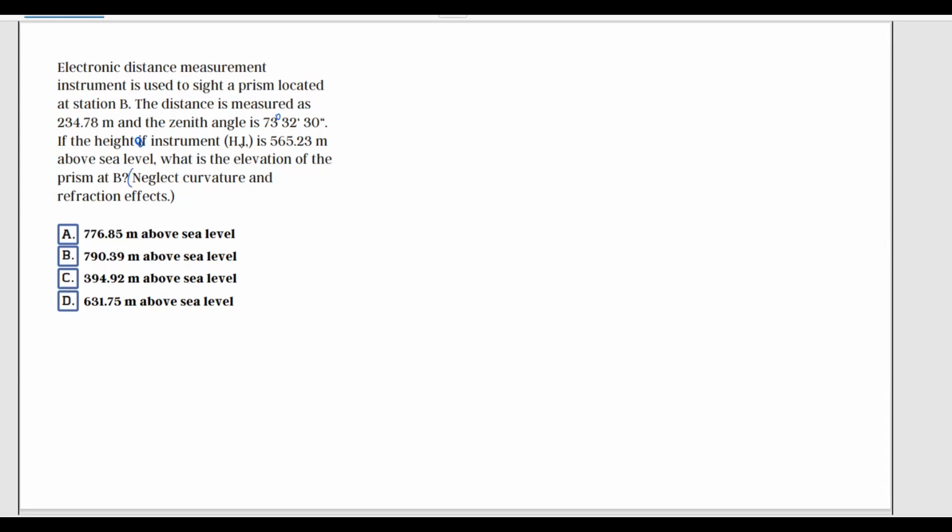Okay, so let's see if we can sketch this a little bit to be able to see exactly what we're asked. It seems we are somewhere at point A. We have our instrument. Okay, this is A. And somewhere we are measuring, we have a prism.